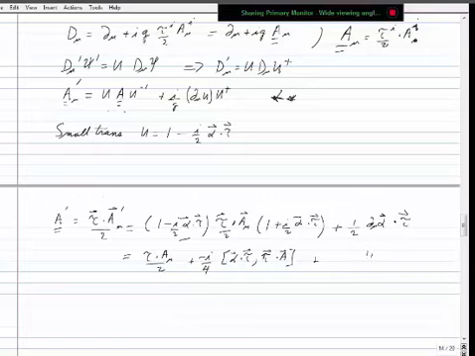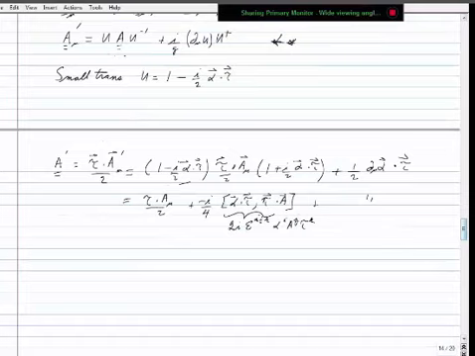And so then A prime, which is tau dot A prime over 2, is 1 minus i over 2 alpha dot tau, now let's put a tau dot A over 2 here, times 1 plus i over 2 alpha dot tau.